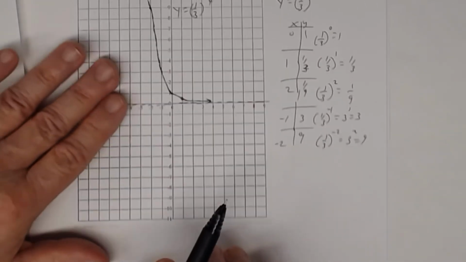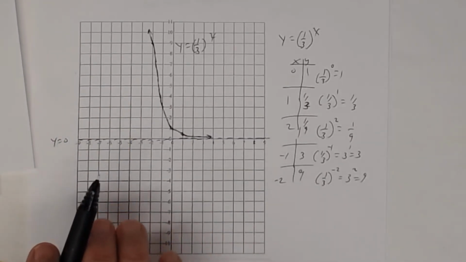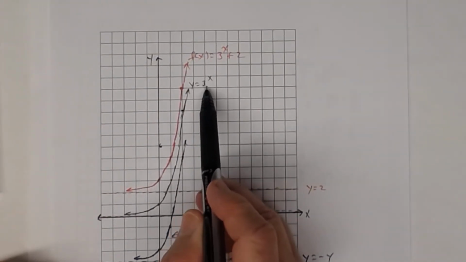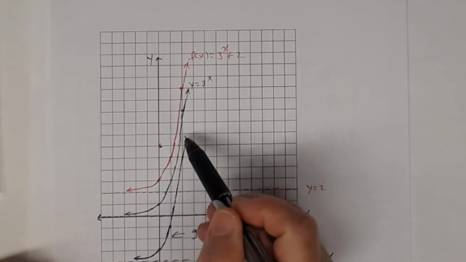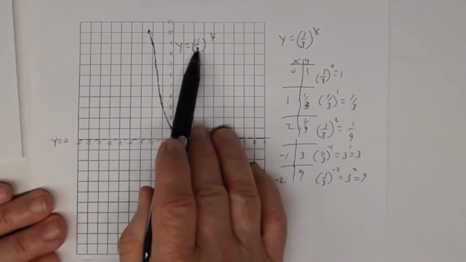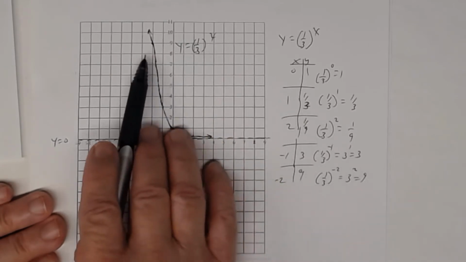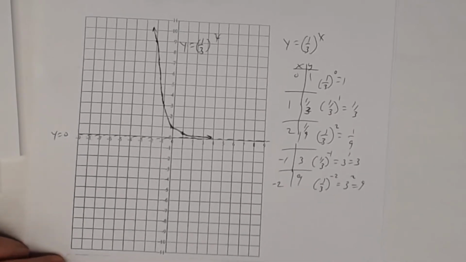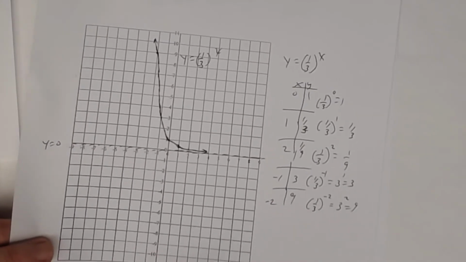Okay, so that's what I want to remind you of. So if your base is a number greater than 1, it's going to increase. If your base is a number less than 1, a proper fraction, 1/3 is less than 1, it's going to decrease.